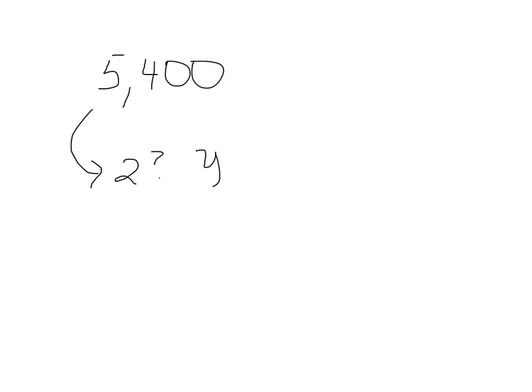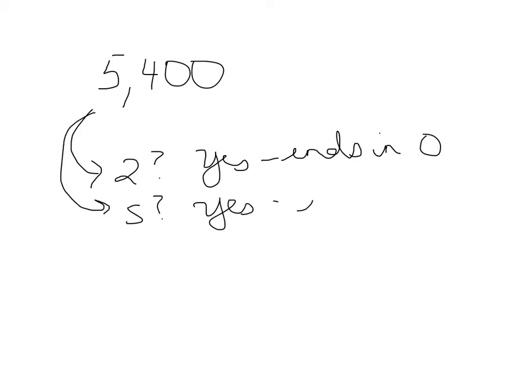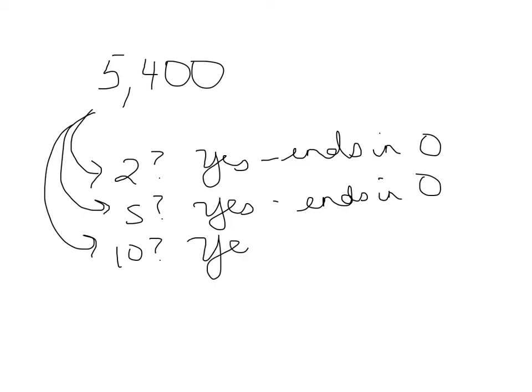So let's do a couple of examples. Let's take the number 5,400. Is it divisible by 2? Yes, because it ends in a 0. Is it divisible by 5? Yes, because it ends in a 0. Divisible by 10? Yes, because it ends in a 0 as well. Next, is it divisible by 3?